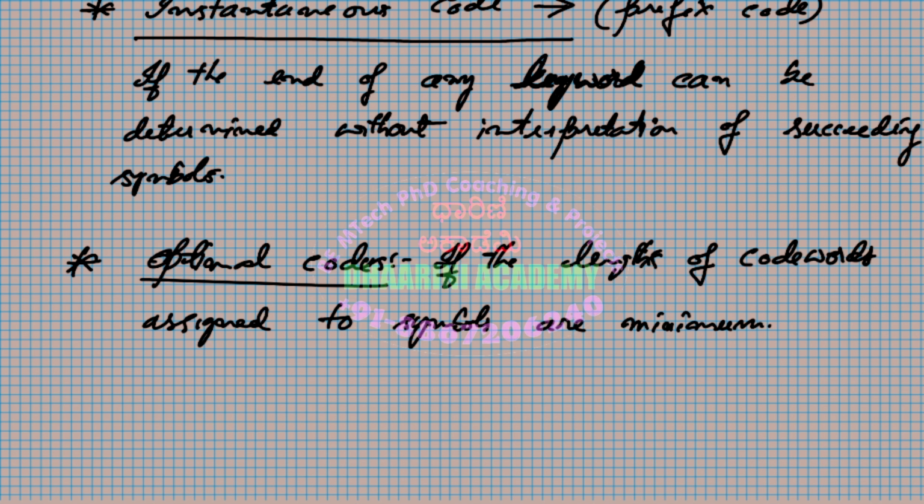If that is the case, we will call it the optimal code. Whatever code we obtained, we will call that an optimum code. I hope it is clear.